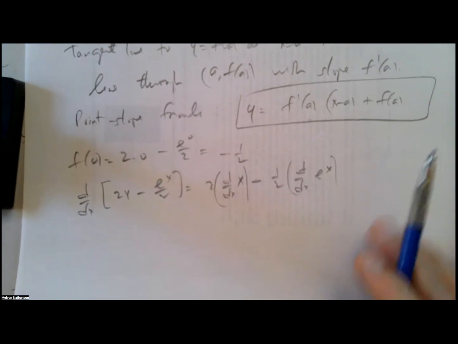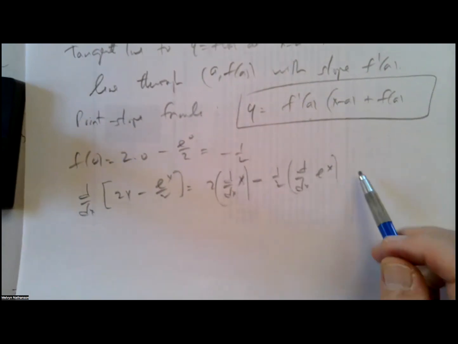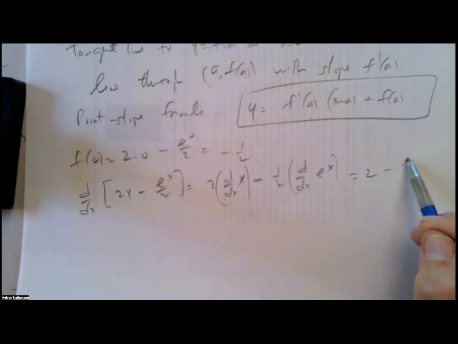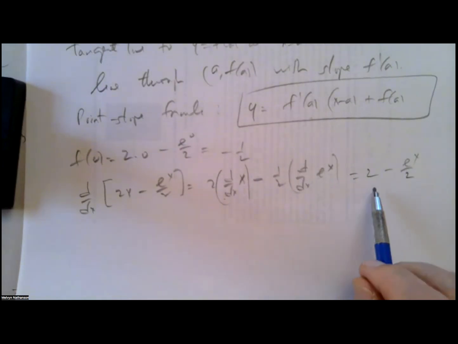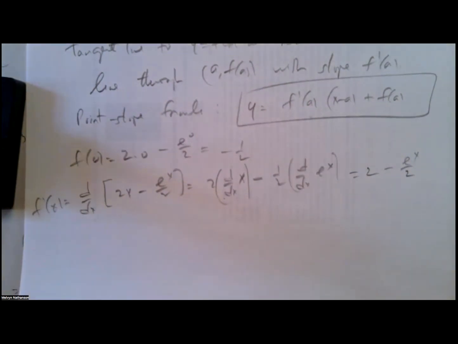That's just using our basic differentiation rules. The derivative of x is 1. 2 times 1 is 2. The derivative of e to the x is e to the x, so minus a half e to the x. That's f prime of x.